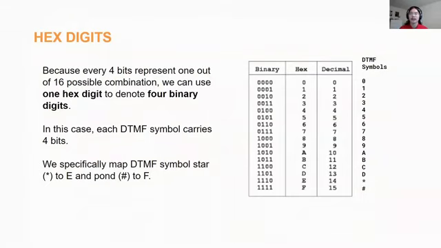And in the lookup table, you can see how they correspond: binary 0 to hex 0 to decimal 0 to DTMF symbol 0, right? And then it just goes on and on, except if you look at the hex digits E and F, we don't really have corresponding DTMF symbols. So it can be just a star or a pound. It doesn't matter which one is which, as long as it is consistent in your system, but that's what I suggest.